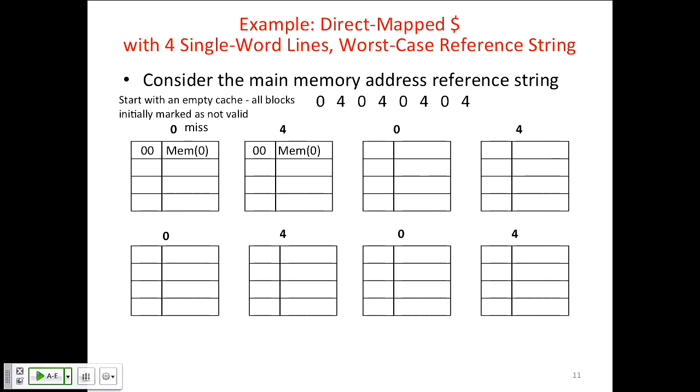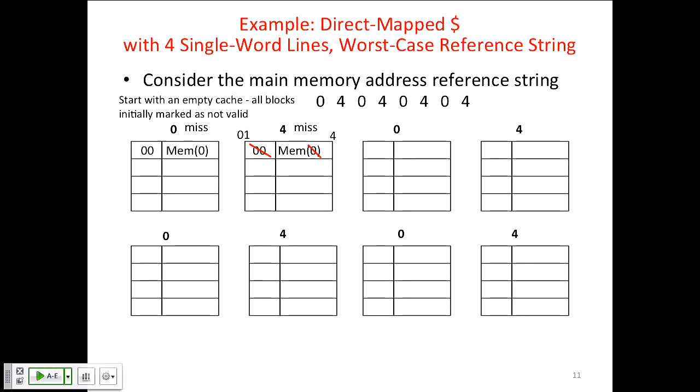You look in the cache and you see, well, this holds 0 right now, so it doesn't have my location 4, so that's a miss. I'm going to wipe that out and replace it with the correct entry. So 2 bits are used for the set index, and the remaining 2 bits are the tag, a 2-bit tag.